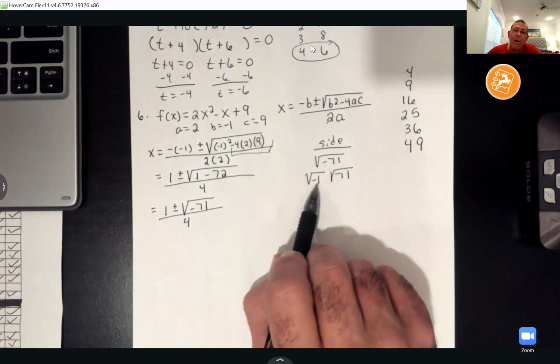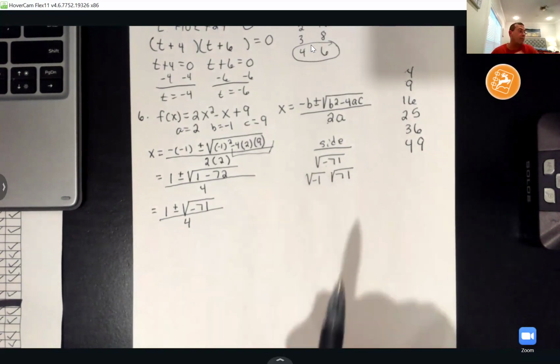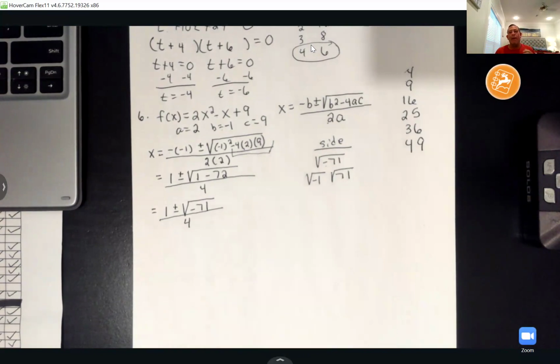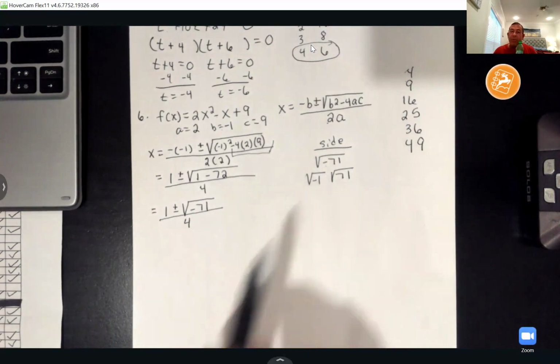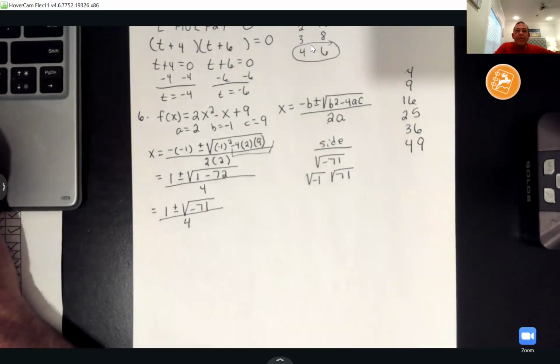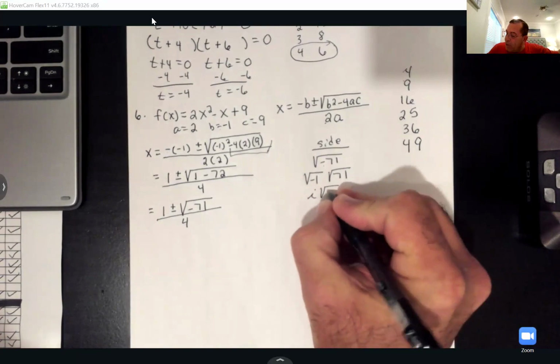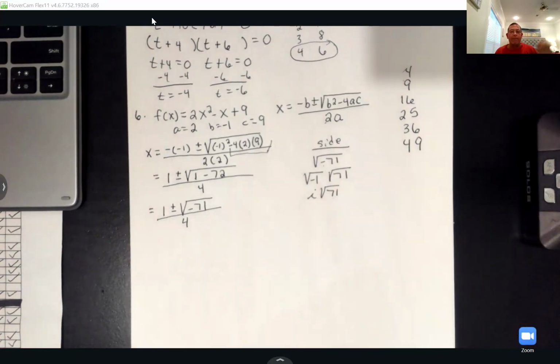Now, do you remember what I'm going to replace that square root of negative 1 with on this problem? Because remember, we can't take the square root of negative 1 in the real world, but we will replace that with something. All right, I see my chat lighting up. So the i, good job. So we're going to replace it with the i, so this becomes i square root of 71.